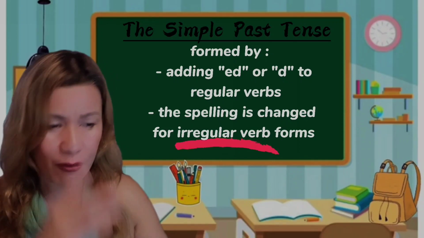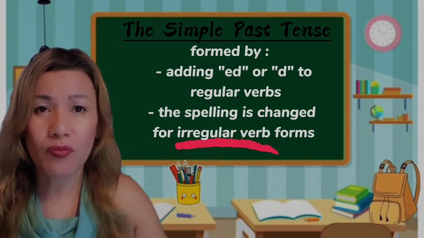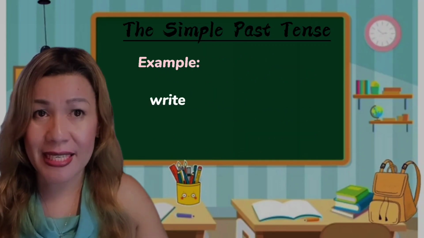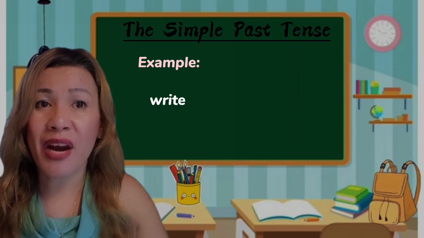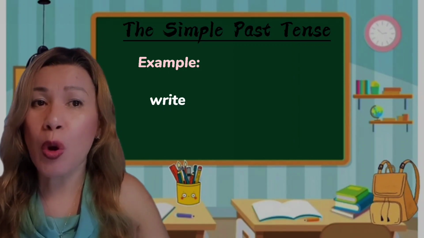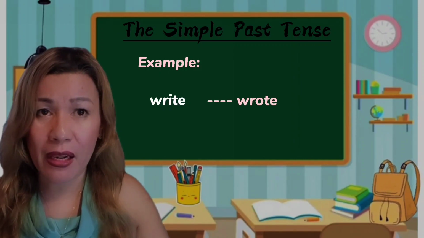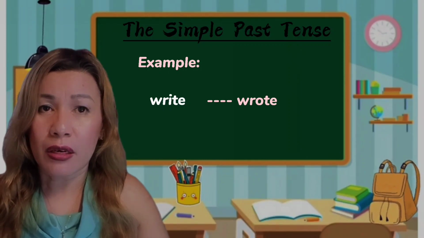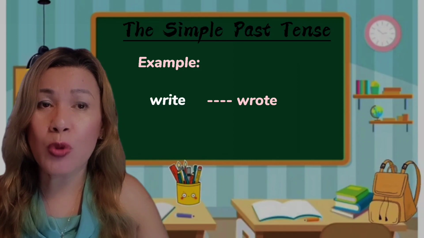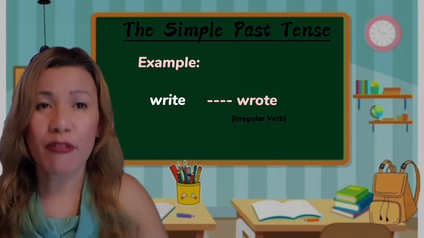Okay, irregular verb. So for example, the verb write. To form the past, we don't say write, but we say wrote. So we are changing the spelling. In that case, write, the past is wrote. So wrote is an irregular verb.